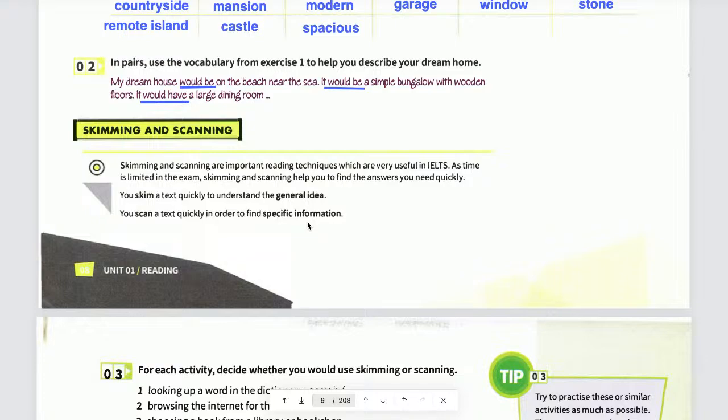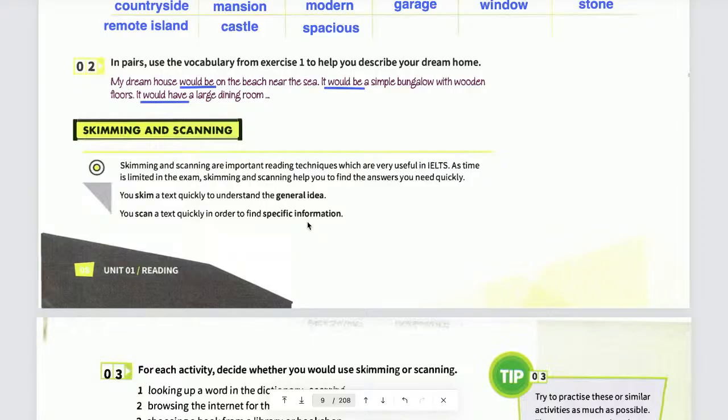That means you also read quickly, but you have to read the entire thing carefully to understand not only the main idea, not the general idea anymore, but the specific information. You must understand clearly in detail. Do you understand? Yeah? So everything you have to do is fast, because you don't have time.